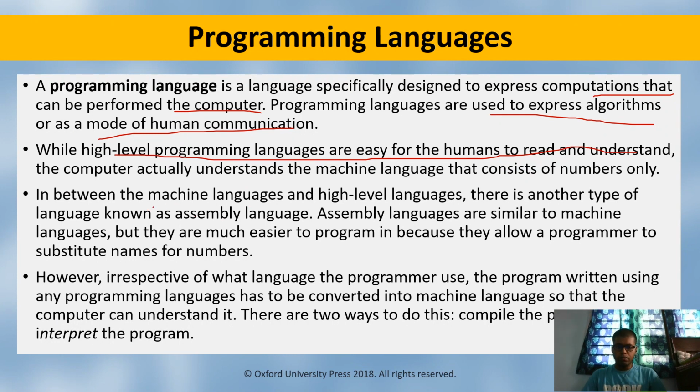In between machine level and high-level language, there is another language known as assembly language. That is difficult for a programmer to understand, but it is faster than the high-level language.